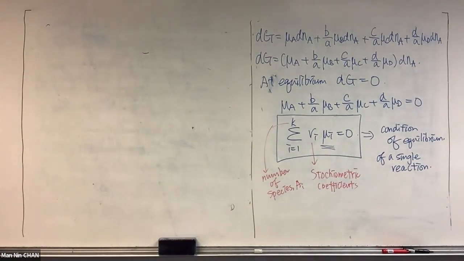For the chemical potential of a species, of course, we also have to consider different states. For atmospheric science or aerosol, we will consider the gas phase, and sometimes the solution phase, that means your aerosol phase here.